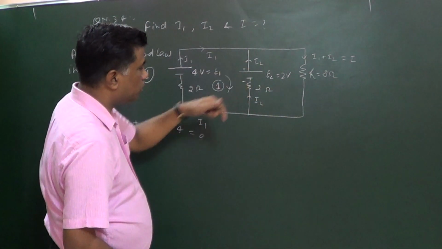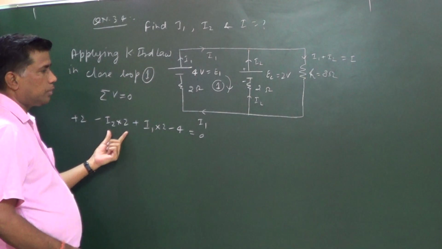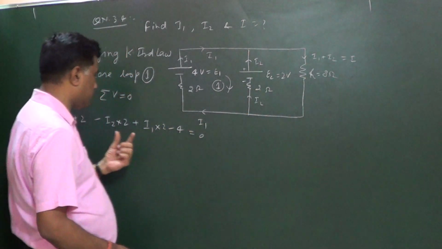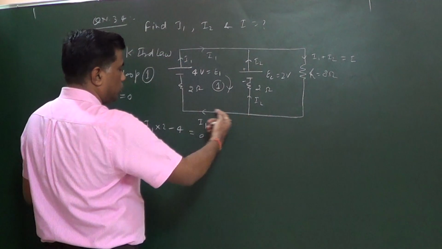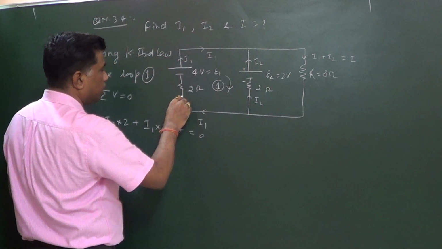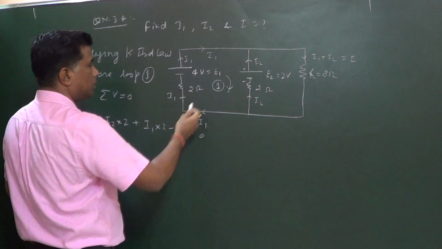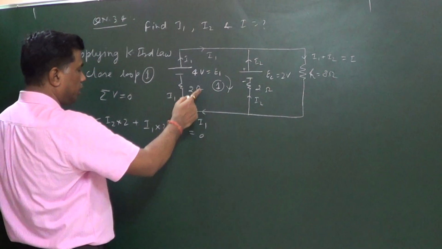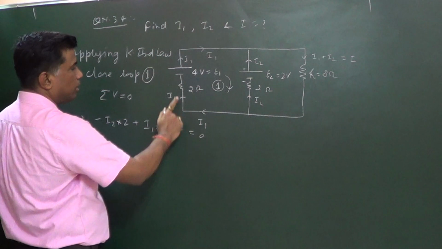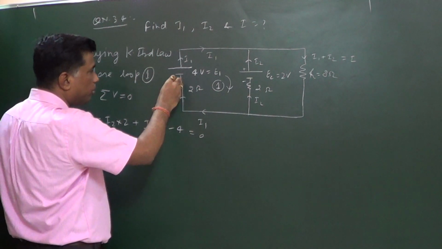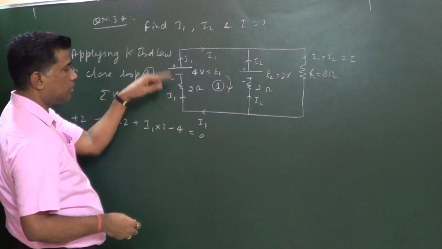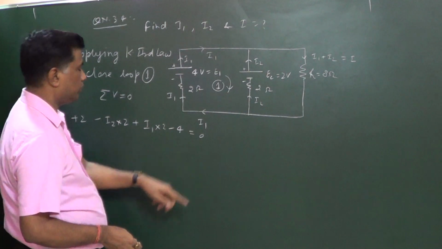We are moving opposite to the current, so IR will be negative, so I2 into R, the value of R is 2 ohm, is negative. Now there is no potential difference, but in this arm the current is I1. The same current I1 is flowing through this resistance 2 ohm. So I1 into 2 ohm is positive as we are moving along the direction of current. Now we are moving from negative to positive across the cell, so it will be negative.